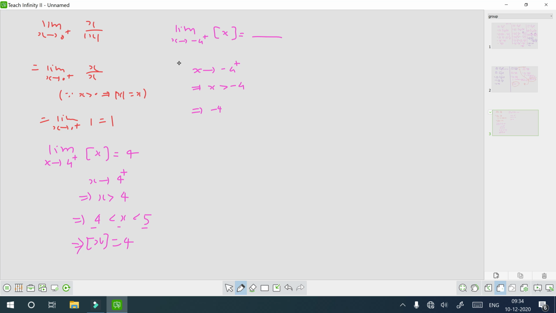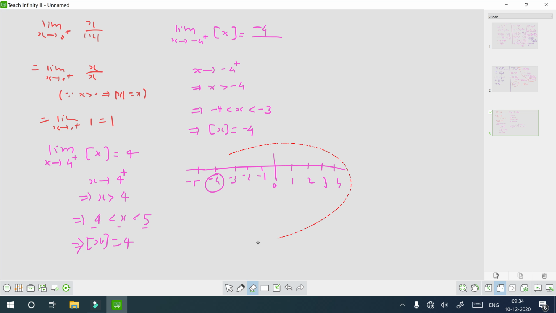So minus 4 less than x less than, see here on real line 0, 1, 2, 3, 4, minus 1, minus 2, minus 3, minus 4, minus 5, likewise. Minus 4 less than x less than, here we have to take minus 3. So this implies integer part function of x is equal to minus 4. So answer is minus 4.